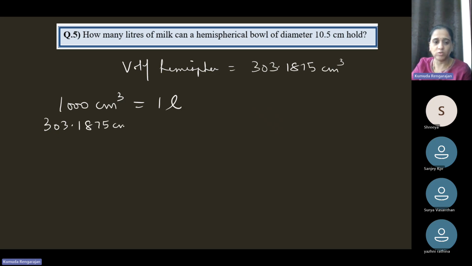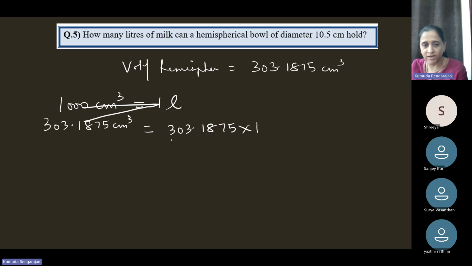303.1875 centimeter cube will be how many liters? This number into this number divided by this number. 303.1875 into 1 divided by 1000. Shall we shift the decimal point? 3, 1, 2, 3. So it will be 0.3031875.